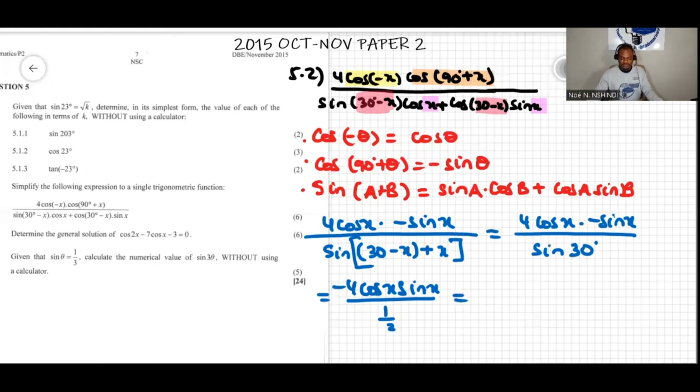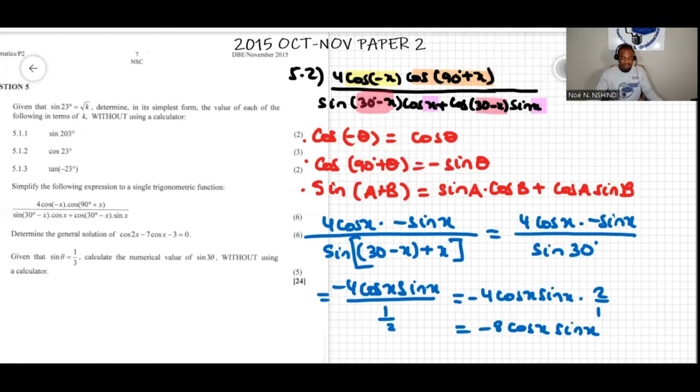And then this is equal to negative 4 cos x sine x times a half, with a fraction over another fraction, we do the first fraction times the inverse of the other. So this is equal to negative 8 cos x sine x.